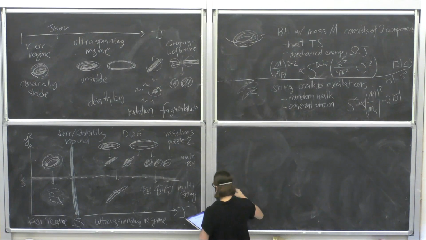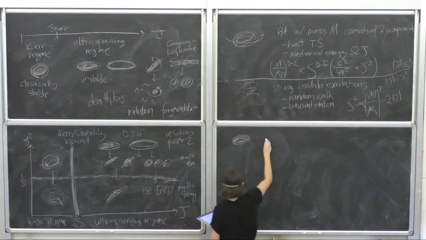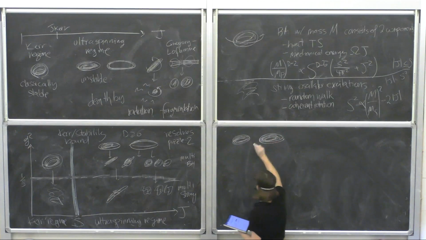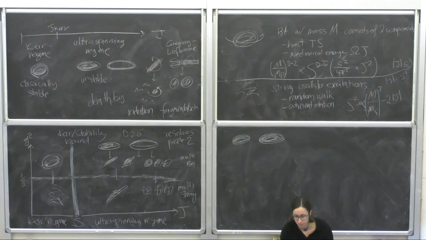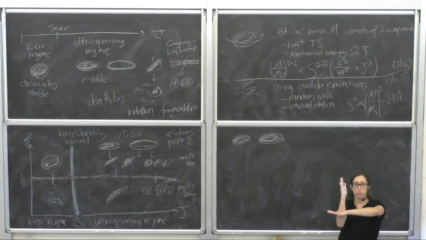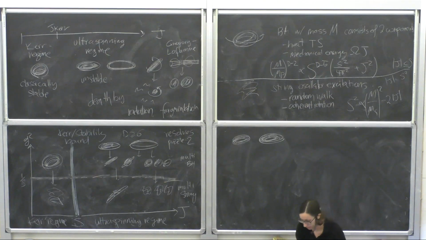So let's start with what we expect. So we have the black hole. We're going to compute two sizes. So we said we work in one rotation plane. So there's one plane of rotation, and there are two distinct sizes that we can compute: the size perpendicular to the rotation plane and in the rotation plane. And the same for the string.